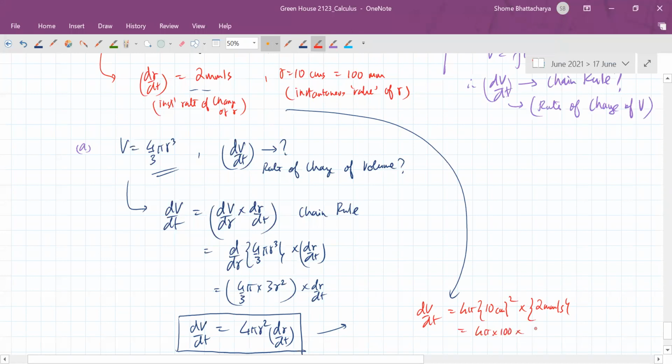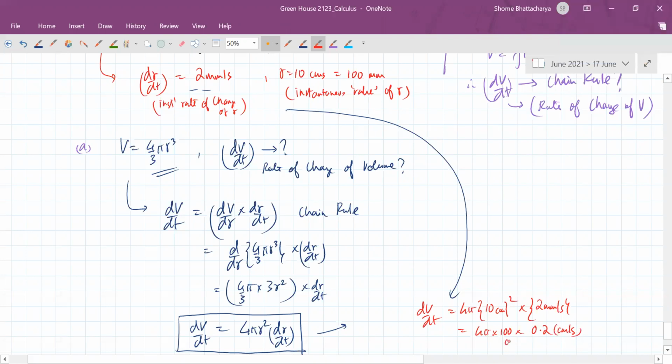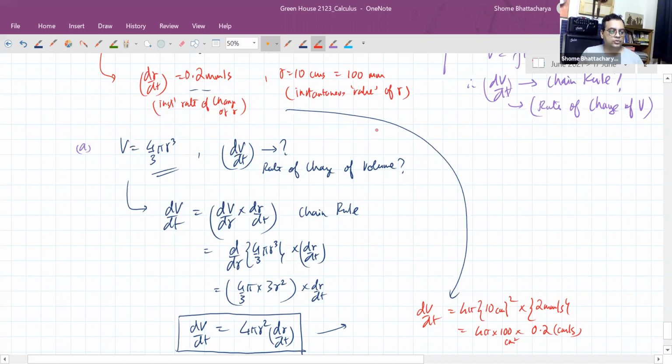So we can change this as 0.02 in centimeters per second. Sorry, it was 0.2 mm in the question, my mistake. So this will become 0.02 centimeters per second.